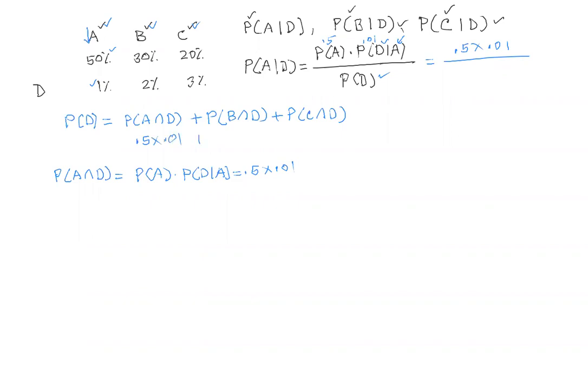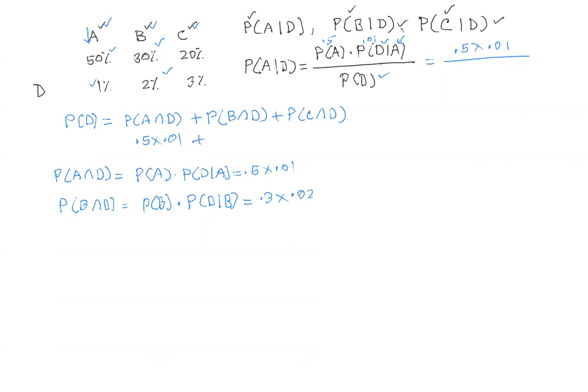Plus, similarly, probability of B and defective is going to be probability of B times the probability of defective given B. Probability of being manufactured by B is 30% or 0.3 times the probability of defective is 0.02.